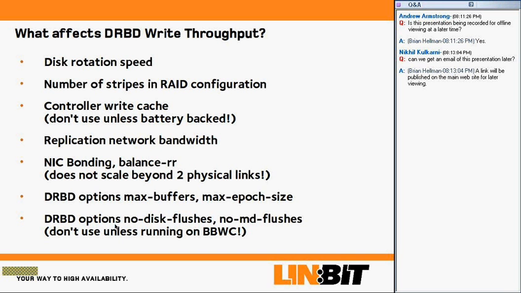And that goes here in the syncer section. I have that defined for all of my resources by defining it here in the common section. Now, of course, what I have to do is SCP my drbd.conf over, and I can now run the drbdadm adjust command to adjust the syncer rate.